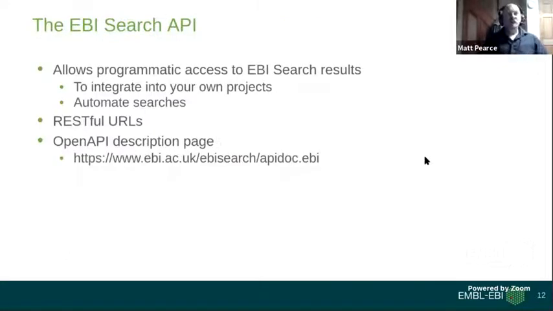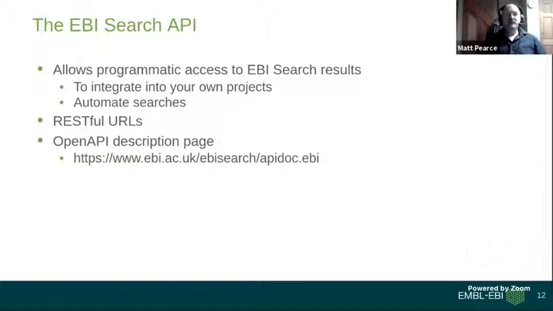And I'm going to talk now about the EBI Search API. This allows programmatic access to the EBI search results, which means that you can integrate EBI search into your own projects if you want to, and you can automate searching. The URLs are RESTful, so they're built up in a structured fashion.